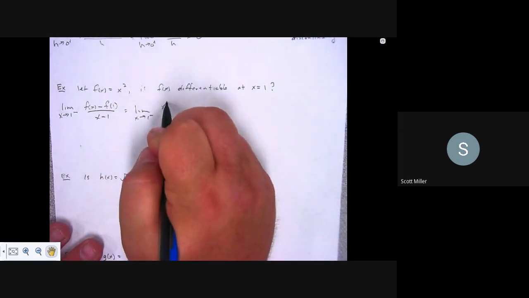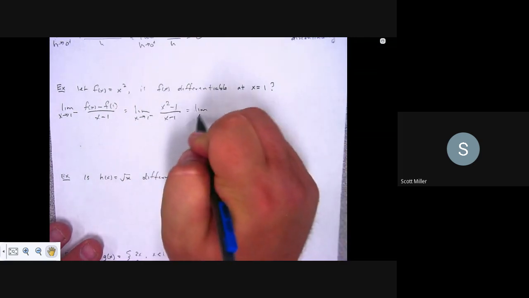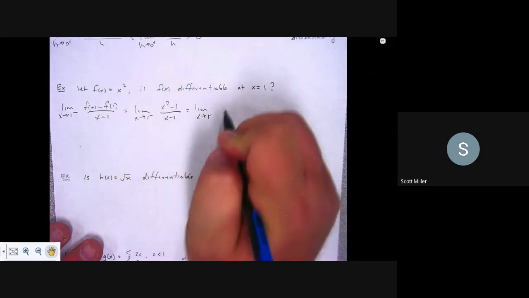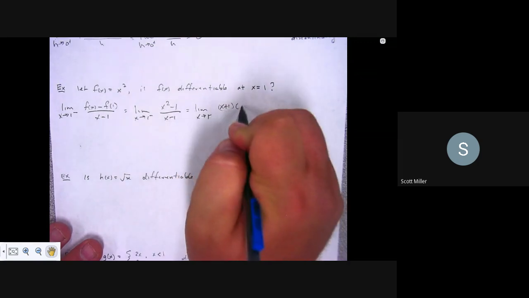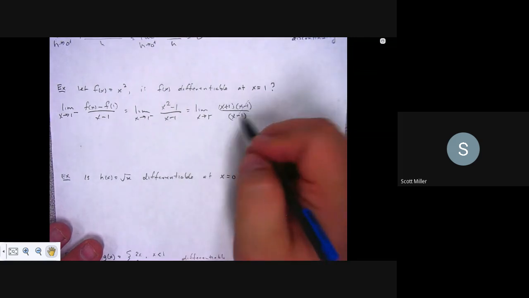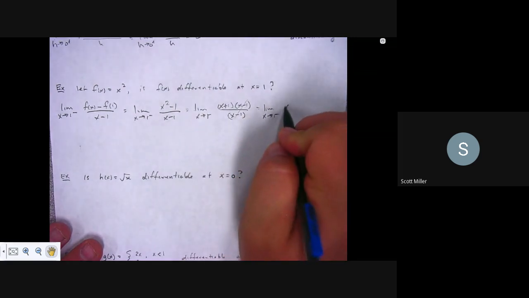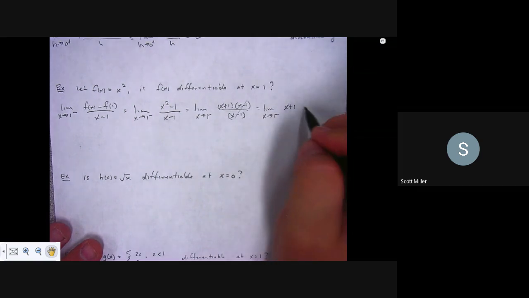This is going to be x squared minus 1 over x minus 1, and then we can use our limit technique of factoring. This is x plus 1 times x minus 1 over x minus 1. These will reduce out, and I have the limit of x plus 1. Now I can do direct substitution and get the number 2.